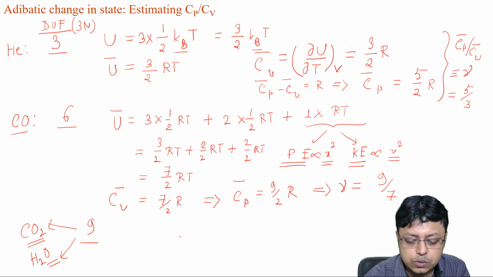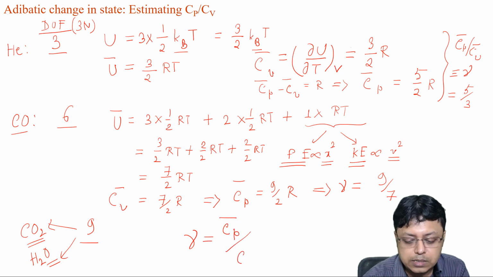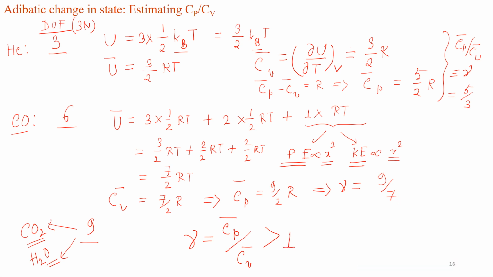Now this discussion shows that gamma, or Cp by Cv, or Cp bar by Cv bar, is always greater than 1, which means for an isothermal change we saw that the curves looked like this because of Boyle's law, and Boyle's law was P proportional to 1 over V, inversely proportional to the volume.